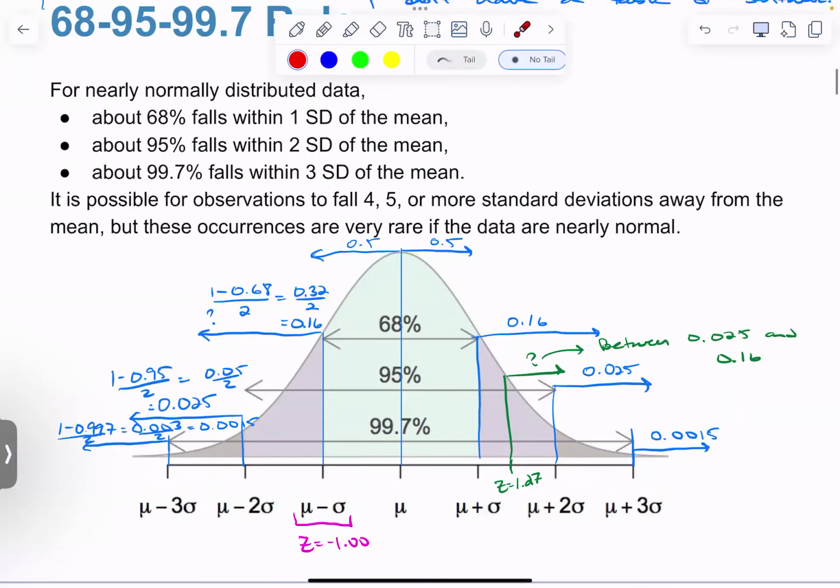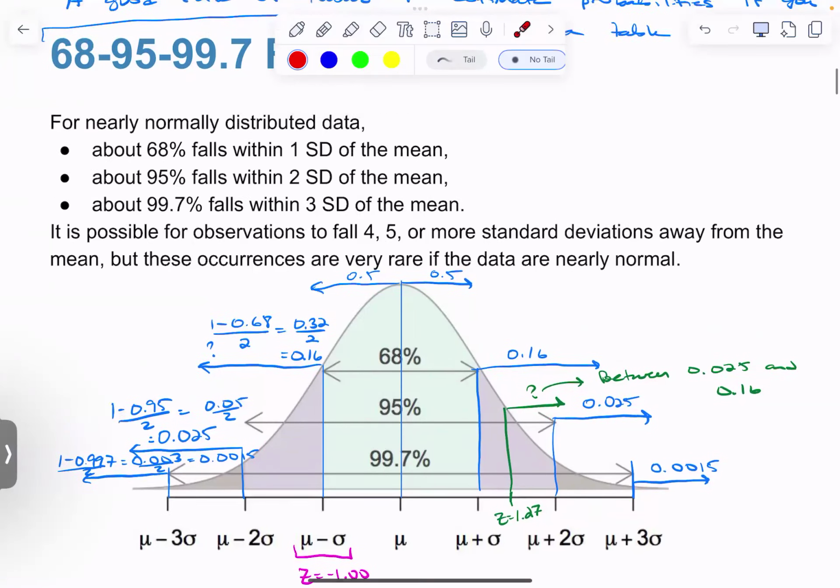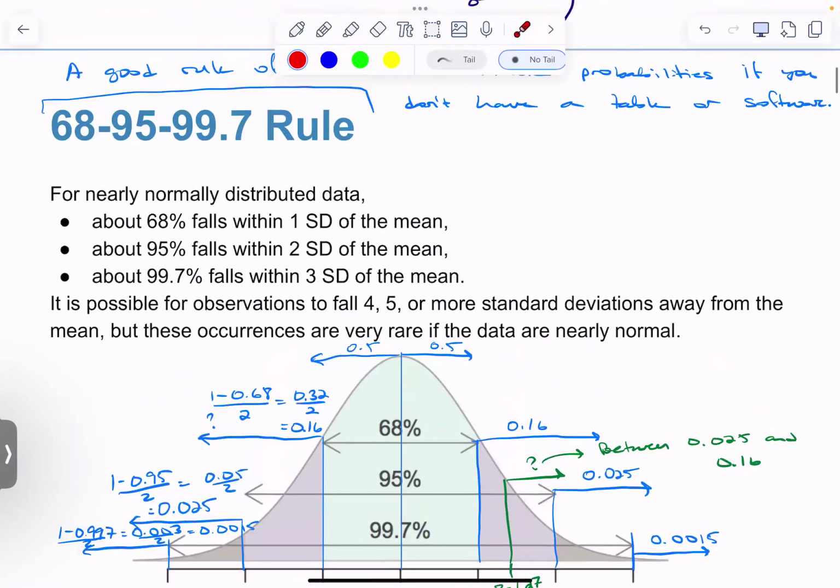Nice. So you can find probabilities associated with the 68, 95, 99.7 rule. I always hesitate to introduce it because once you introduce it and once you kind of get it, people only want to use this rule and they don't want to use the table anymore, right? But I want you to use the table. If I want you to use this rule, I would say use the 68, 95, 99.7 rule to solve this problem.